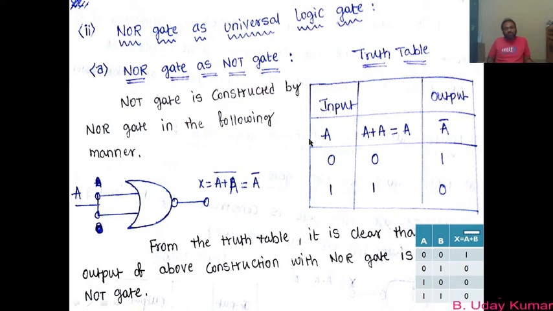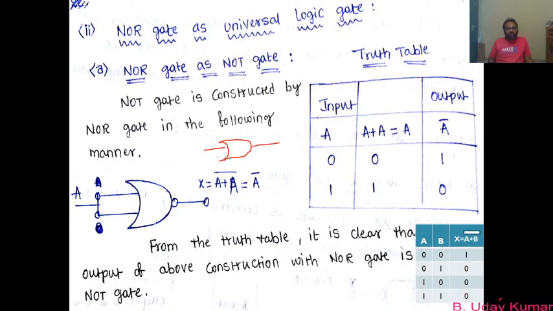So what is a NOR gate? We already discussed this. A NOR gate is a logical gate which has two inputs and one output. Let us recall it quickly. The circuit symbol of the NOR gate is shown like this. It has two inputs and one output.